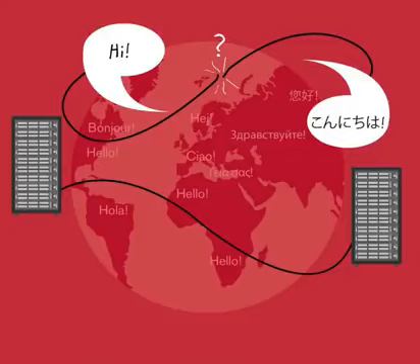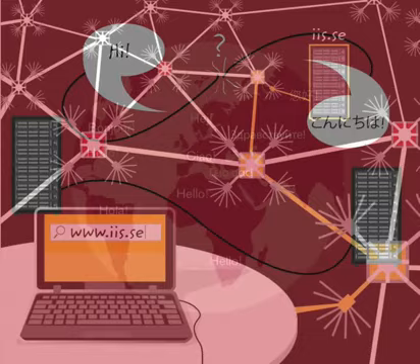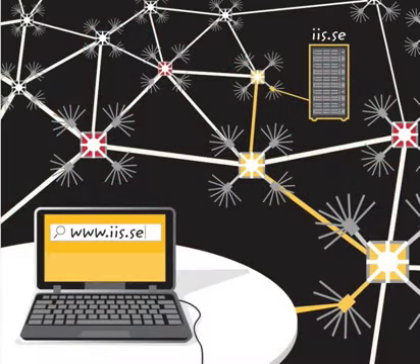Instead, they send numbers and codes to each other. The good thing about this is that a computer in Sweden can understand a computer in Japan, even though the people speak different languages. If you want to check out a website, a kind of question is sent from your computer to a server on the internet that answers. The server that answers can be located anywhere in the world. Then the website is sent to your computer, and you can see it and click on it.